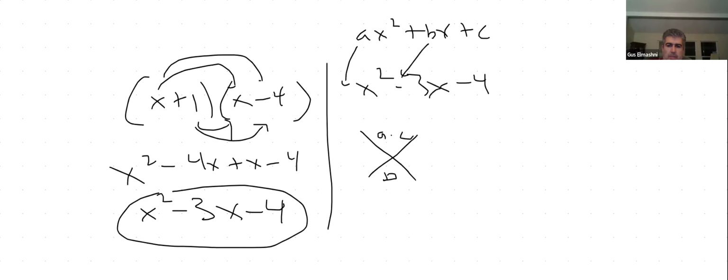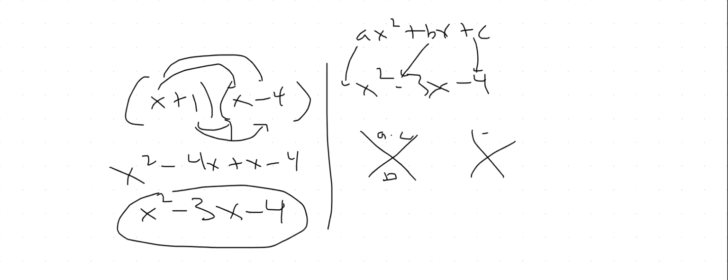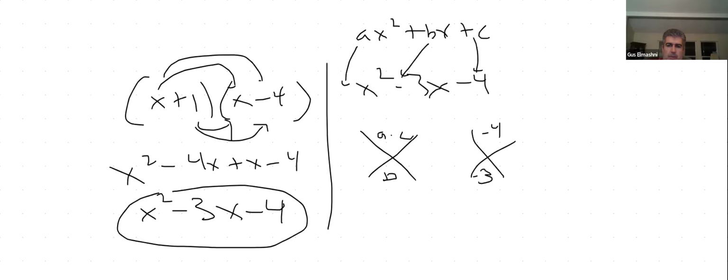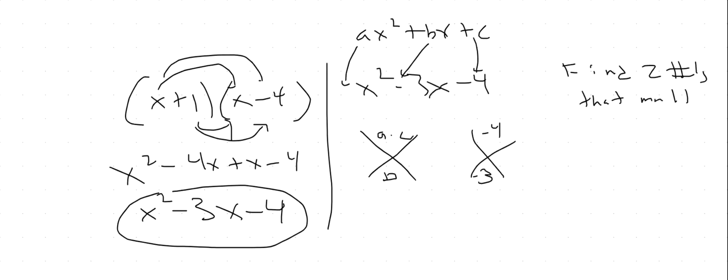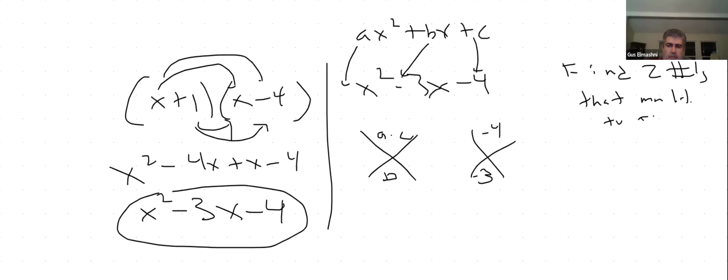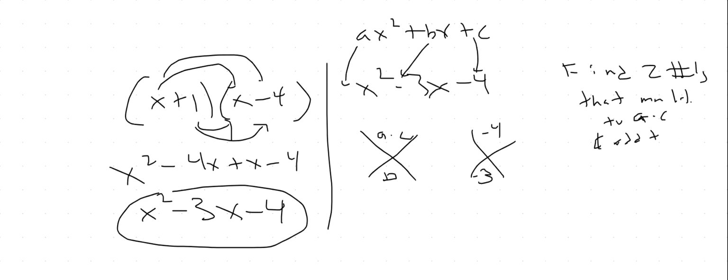So if you do a times c, which is negative 4, and b, which is negative 3, your job is to find two numbers that multiply to A times C and add to B.